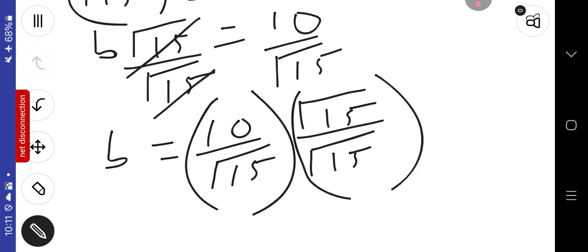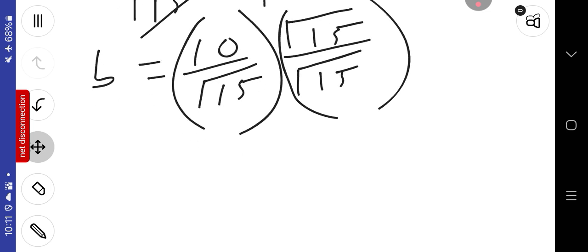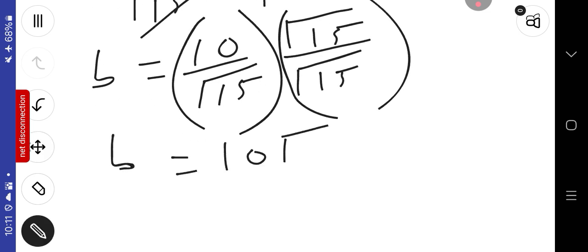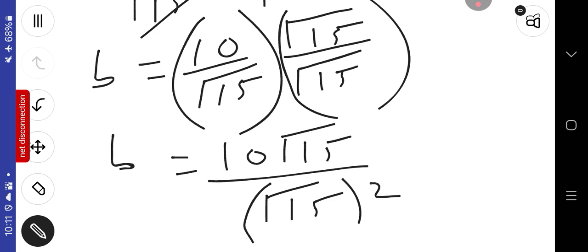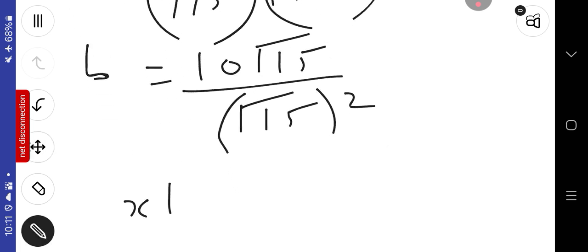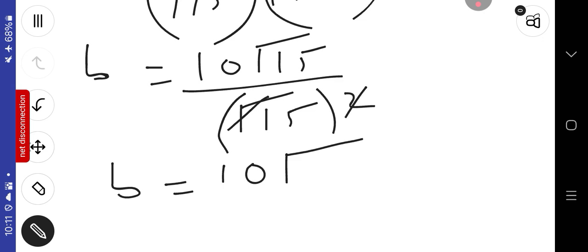So we are going to have b is equal to 10 root 15 over root 15 squared. So these two cancel this root. So you're going to have b is equal to 10 multiplying the square root of 15 all over 15.